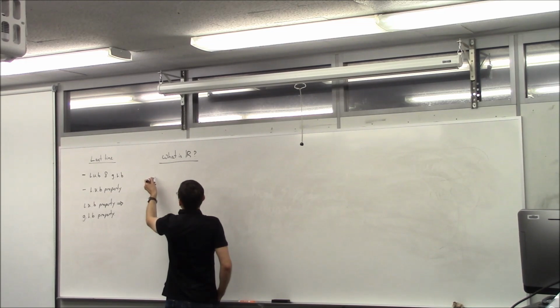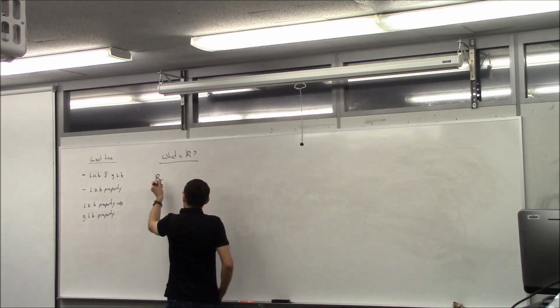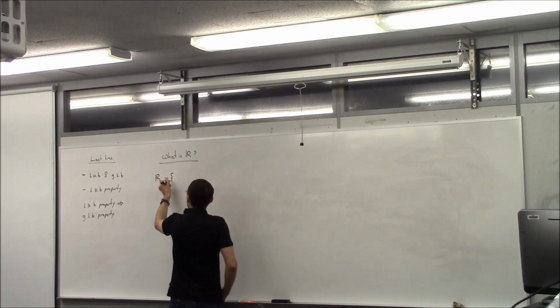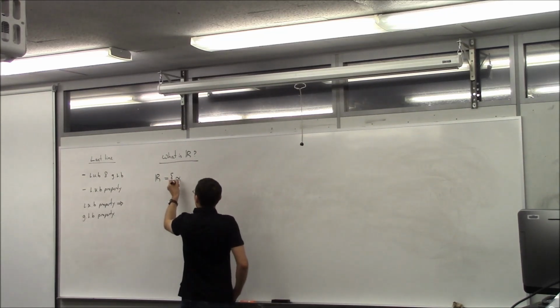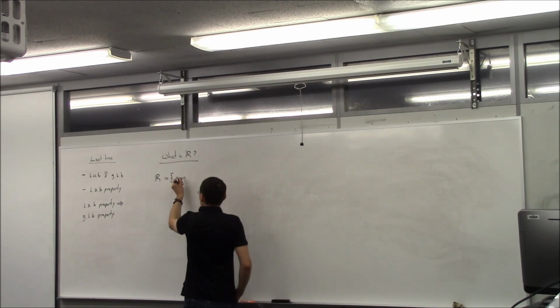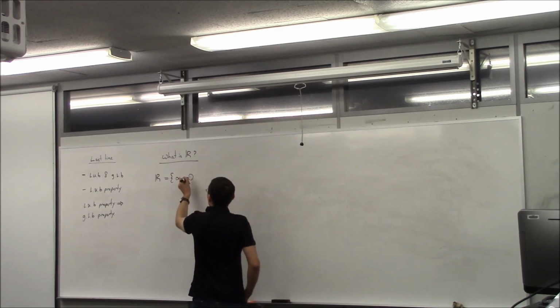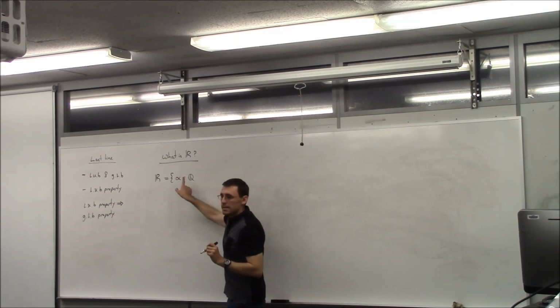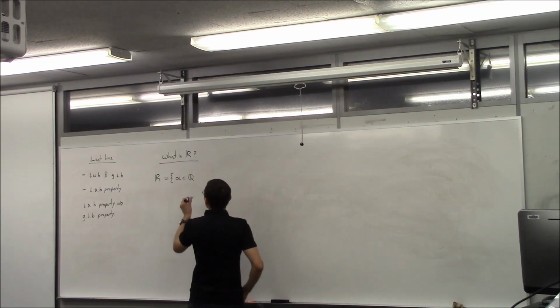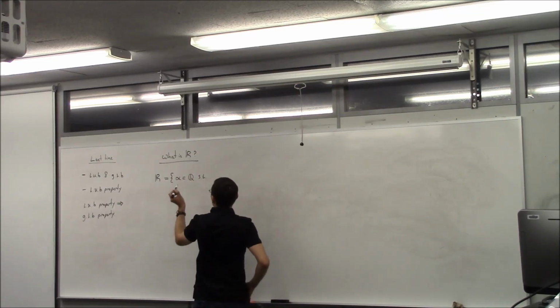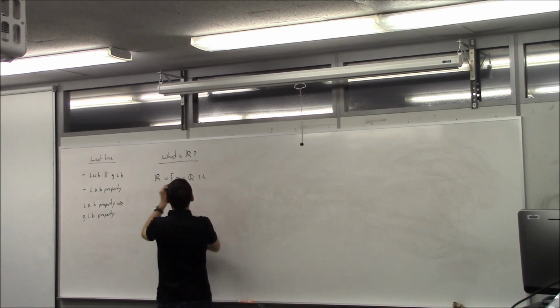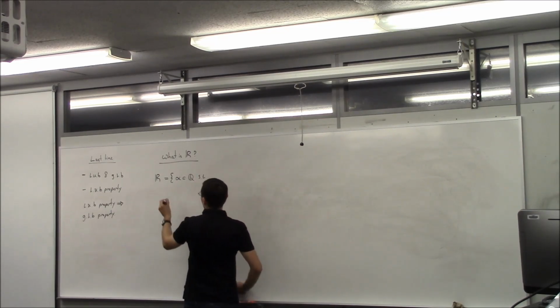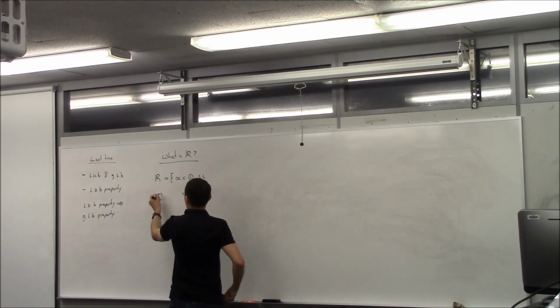So you can think that R is a set that contains a bunch of elements alpha that are subsets of Q. Notice, not elements of Q but subsets of Q, such that the following properties hold.